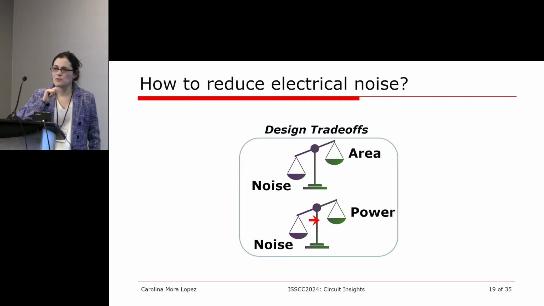So you may be willing to accept a little bit higher noise just to make sure that you can pack as many amplifiers in a single chip without making it super big or super expensive. So this trade-off will always come back, and when you see a paper in a conference, you will always have to look at how they are going to solve this trade-off.